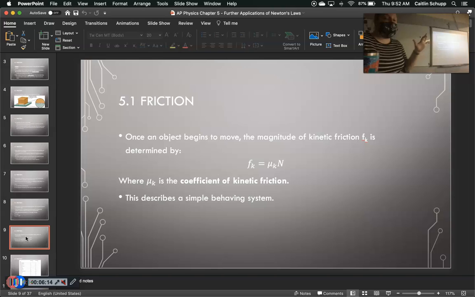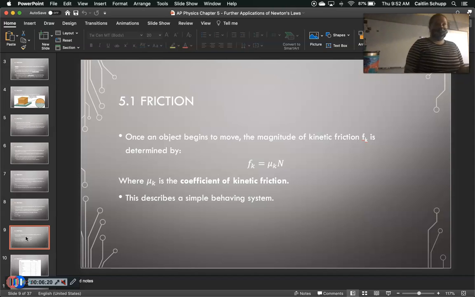So they are calculated the same way. With kinetic friction, the value does not change, okay? The kinetic friction force is a value that will always be the same as long as the object is in some sort of movement, okay? With static friction, it does change depending on the forces being applied.